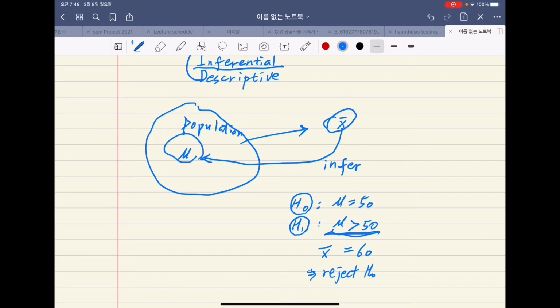What about the case where x bar turns out to be 35? Then you accept the null hypothesis.